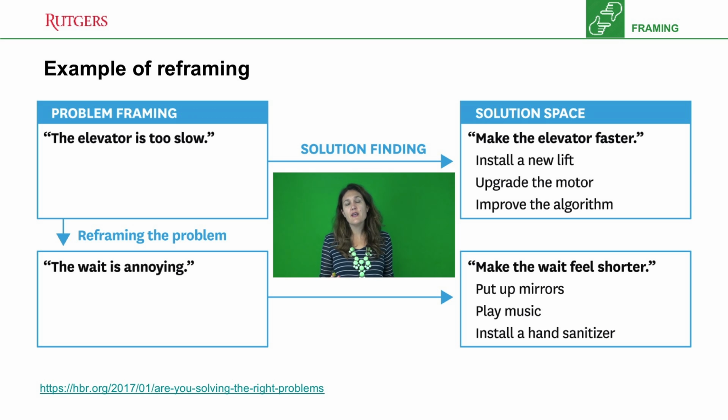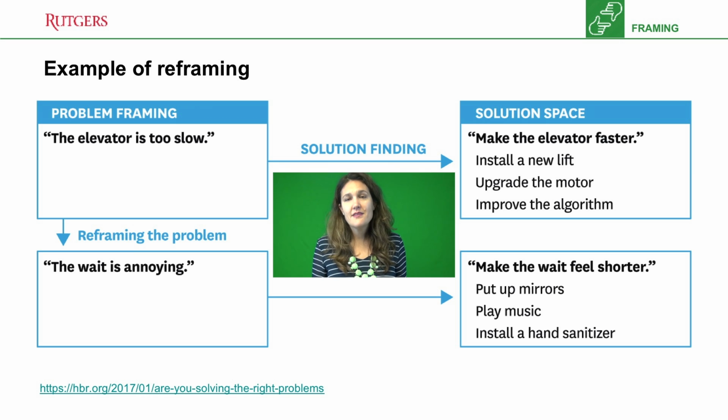This is similar to the airline example I shared with you earlier. How might you think differently about maybe making the wait feel shorter? In this case, play music, put up mirrors, install a hand sanitizer, do some different things to take the attention off of doing nothing while you're waiting for the elevator that makes the time pass a little faster, right?